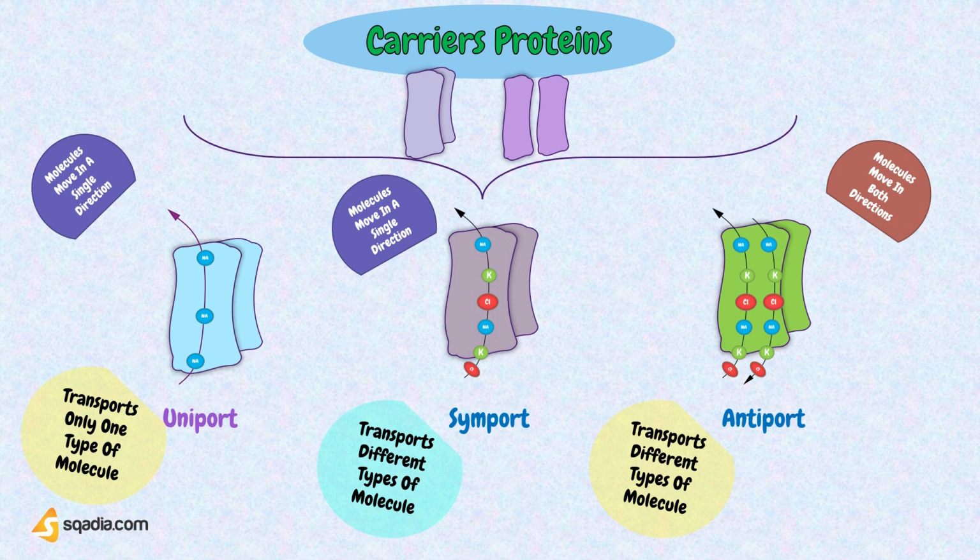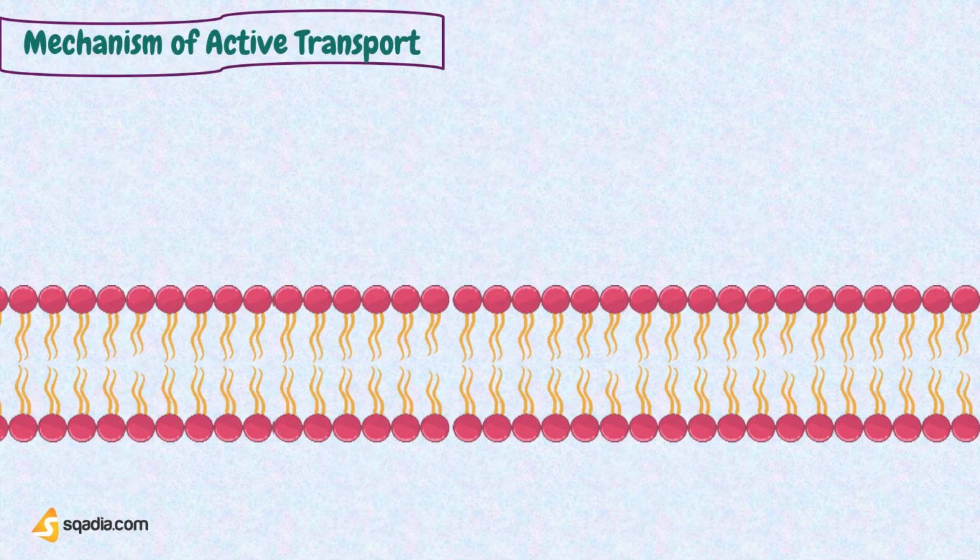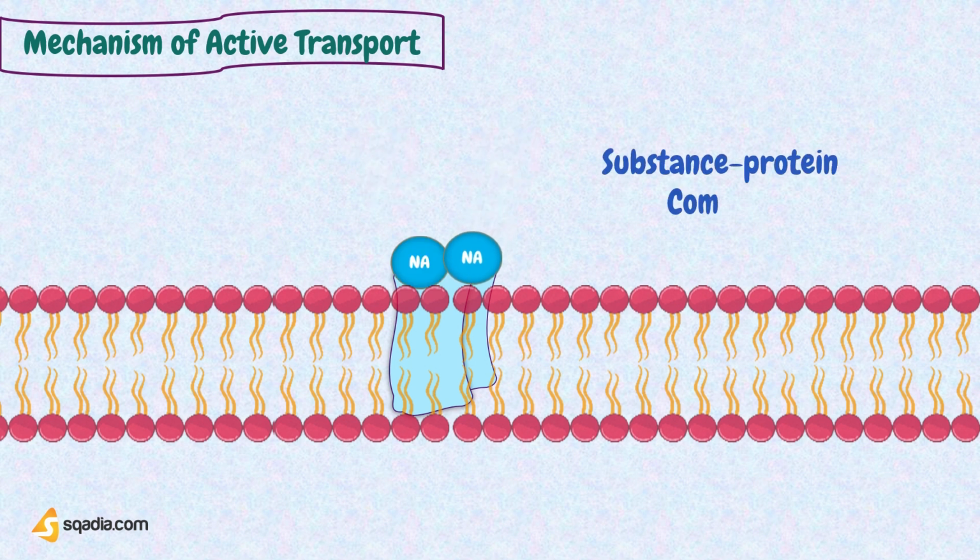So far, we have learned that active transport requires both ATP and carrier proteins. If we look at the mechanism of active transport a little closely, when a substance to be transported across the cell membrane comes near the cell, it combines with the carrier protein of the cell membrane and forms a substance-protein complex.